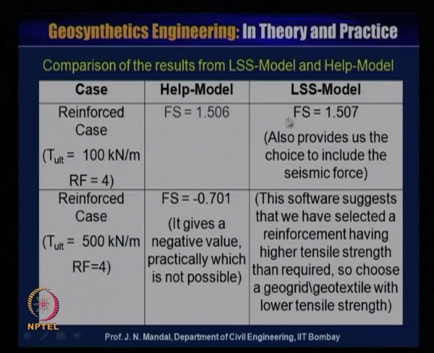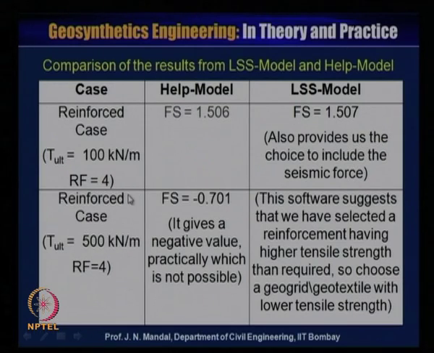In the landfill slope stability model, the factor of safety Fs is 1.507. It also provides the choice to include the seismic force; here you can go for the seismic force also. So, in the reinforced case, the HELP model and the LSS model match very well.